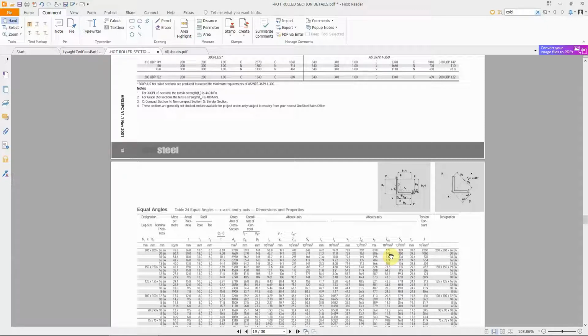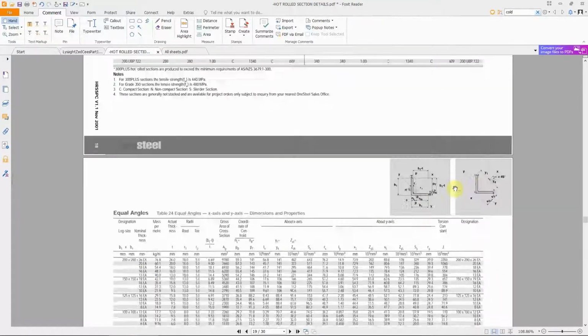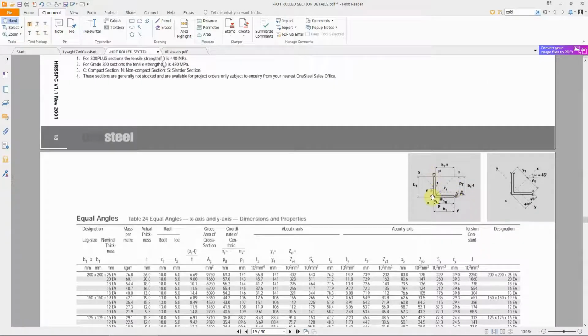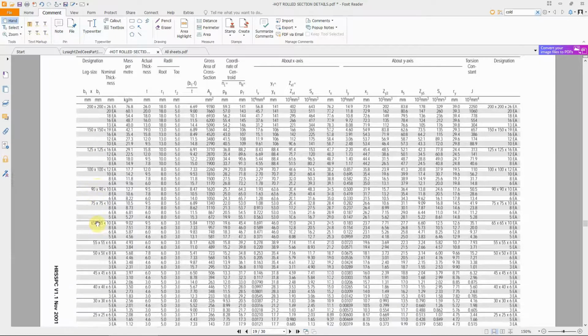The minute I said EA, that refers to equal angle. 75 by 75 by 5 refers to 75 millimeter in this direction, 75 millimeter in that direction, and 5 millimeter thickness. This is the standard. If I look here, I've got 75 by 75 by 5, 6, 8 and 10.